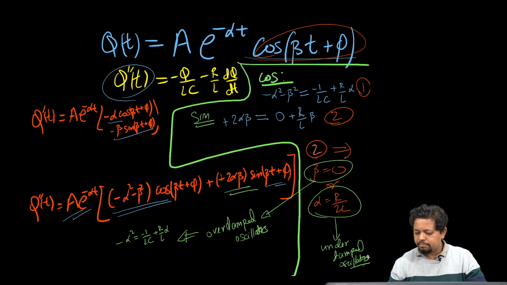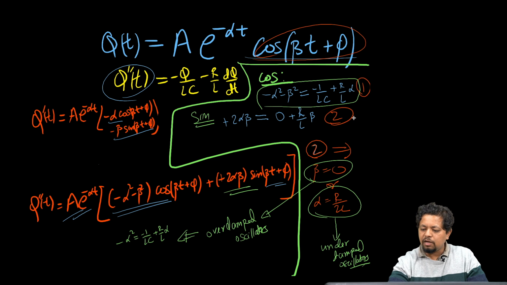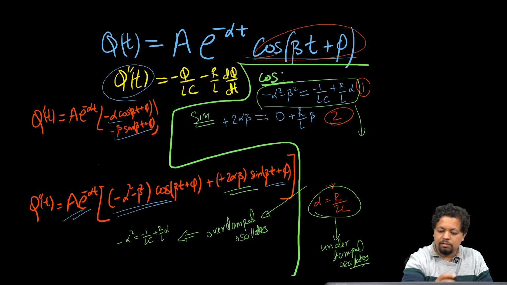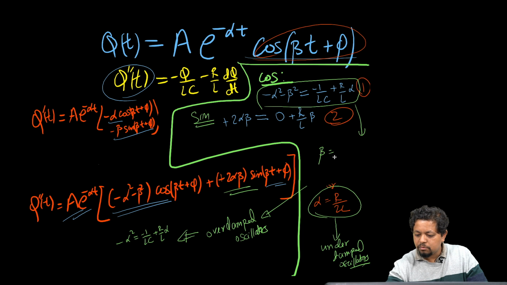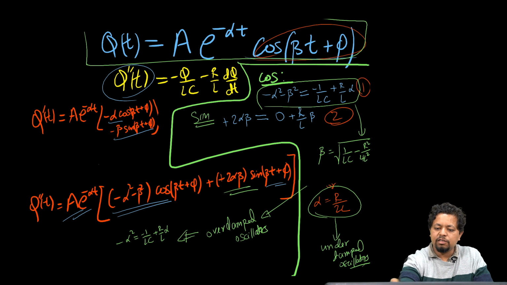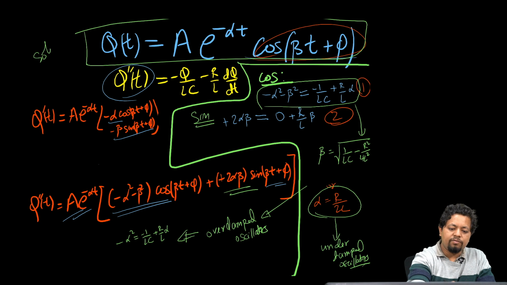For this case I can substitute alpha equal to r by 2L inside the first equation, and when I solve for beta, I'm going to get, for underdamped, beta equal to square root of 1 by LC minus r squared by 4L squared.